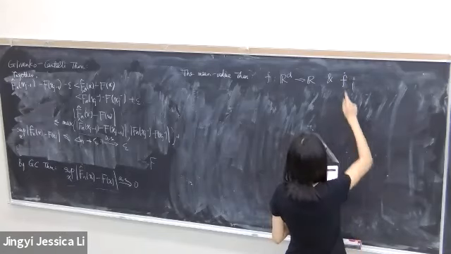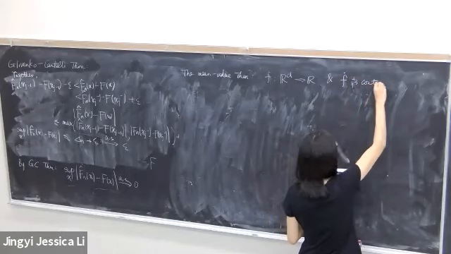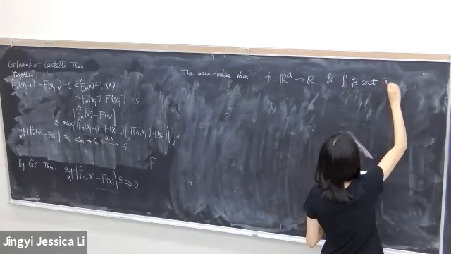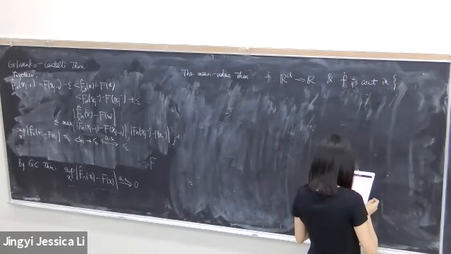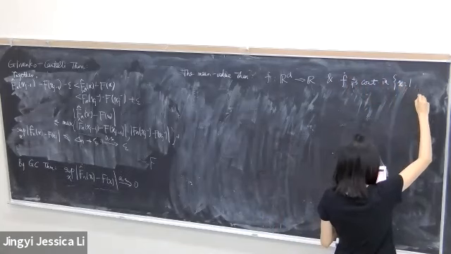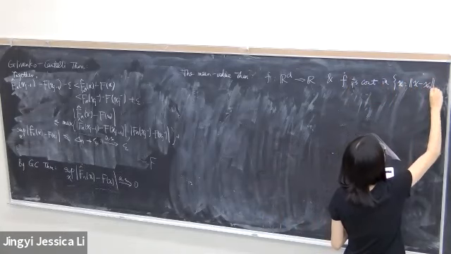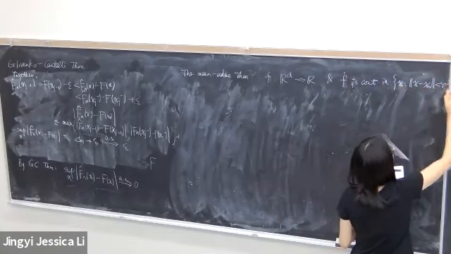We assume this gradient function is continuous in the neighborhood of x0, where the norm of x minus x0 is less than r.